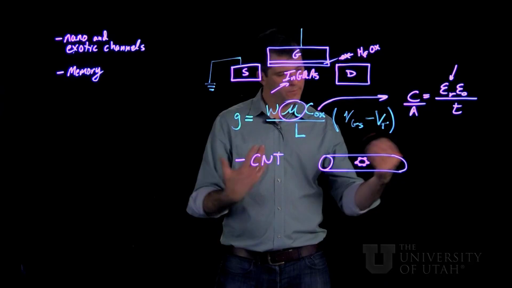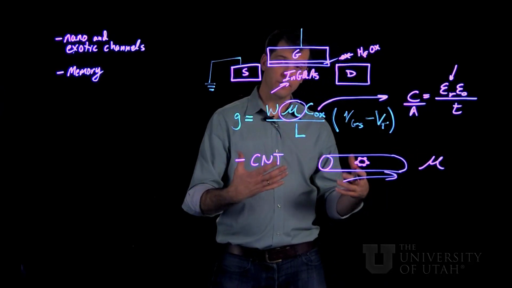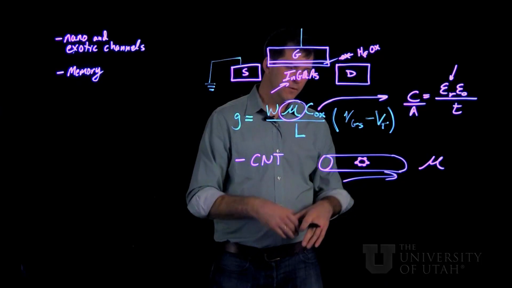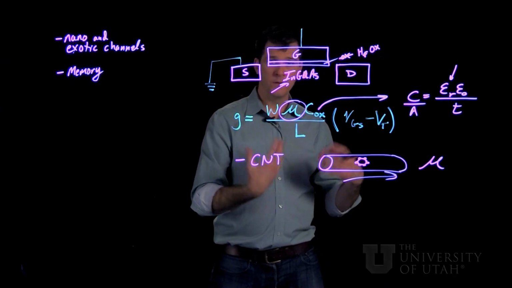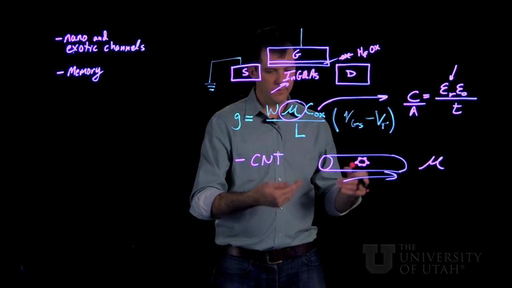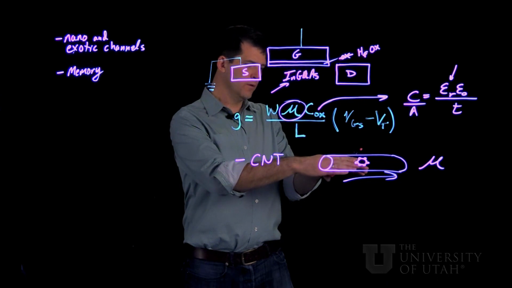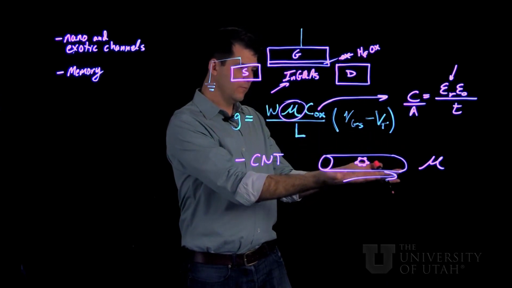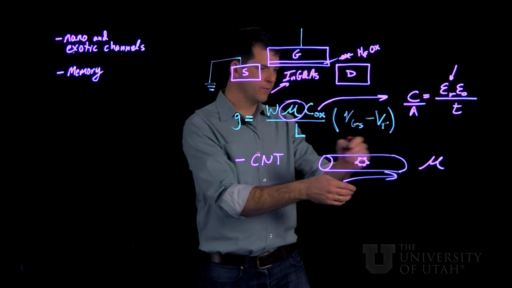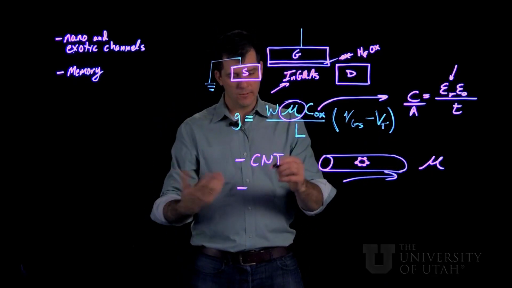And it turns out that these can have very high mobility along their length for certain types of nanotubes. So this research was very intense in the 1990s and 2000s. And recently in the 2010s and beyond, it's turned into a sort of modified case where imagine if you slit this carbon nanotube and unfolded it, you would get what we call graphene.